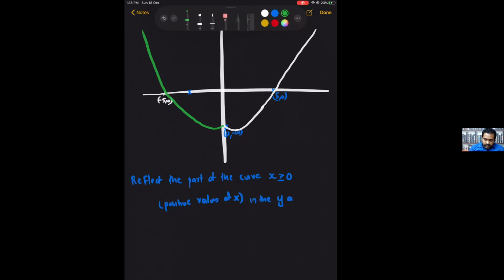The shape is the exact reflection of the x greater than or equal to 0 part of y is equal to f of x. I need to consider only the positive aspect of x. Then you reflect that on the y-axis. So this represents the graph for y is equal to f of modulus of x. Got it? So that is how we are doing this question.